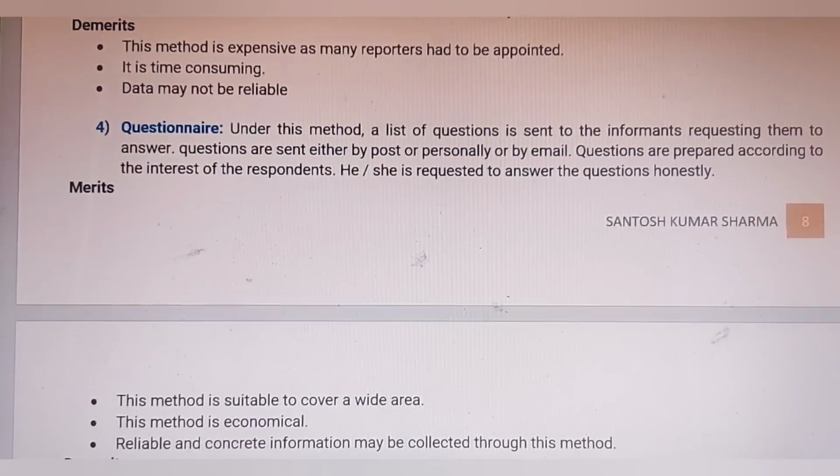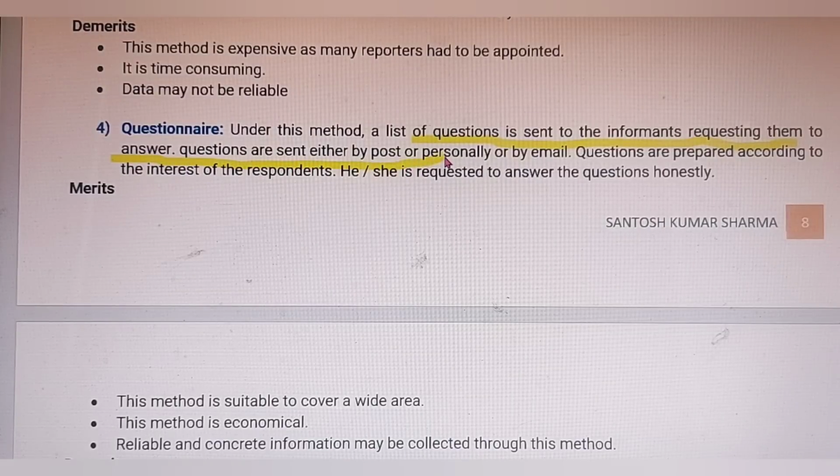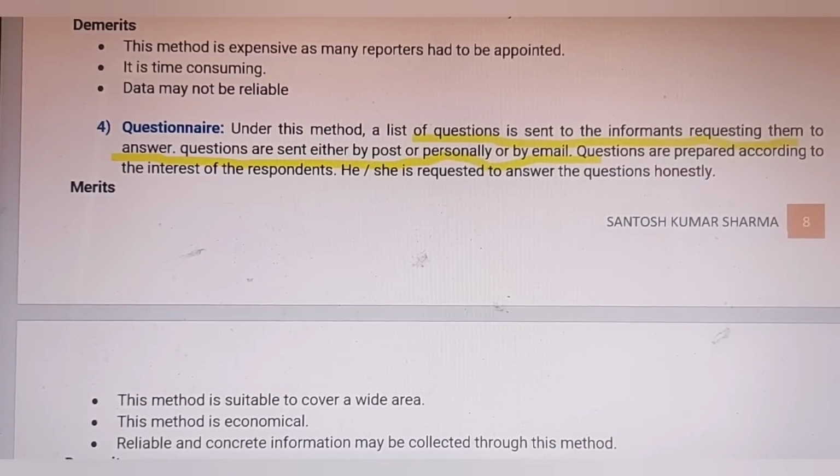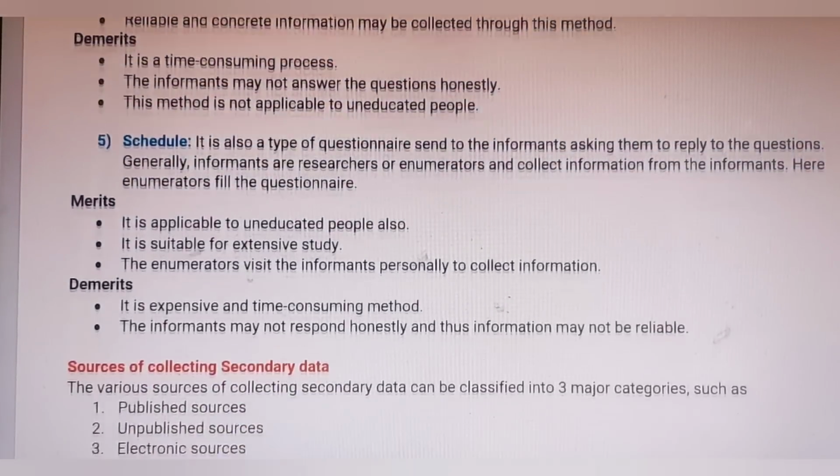In questionnaire, a list of questions is sent to the informant requesting them to answer the questions. These questions may be sent by post or mail, or you can even send them personally. Again, this method has merits and demerits.